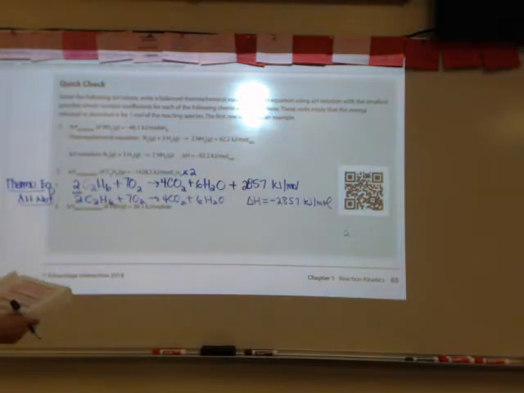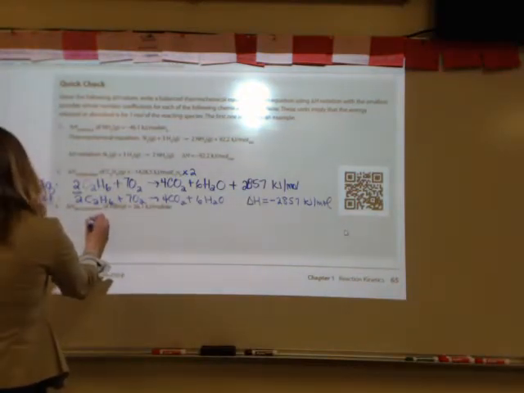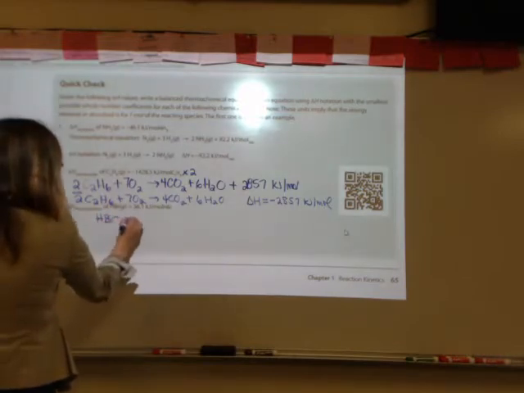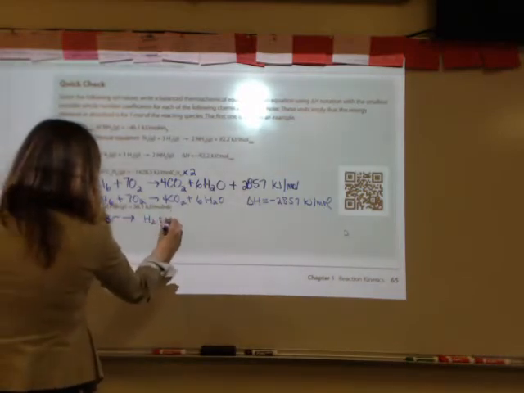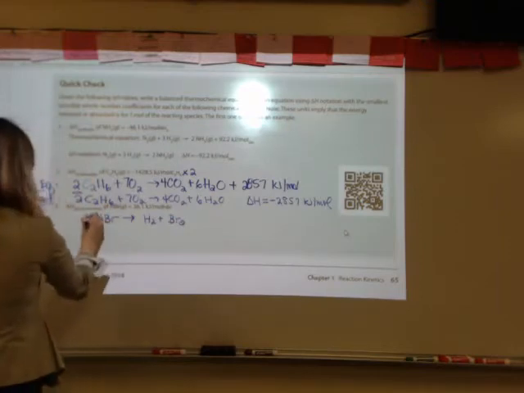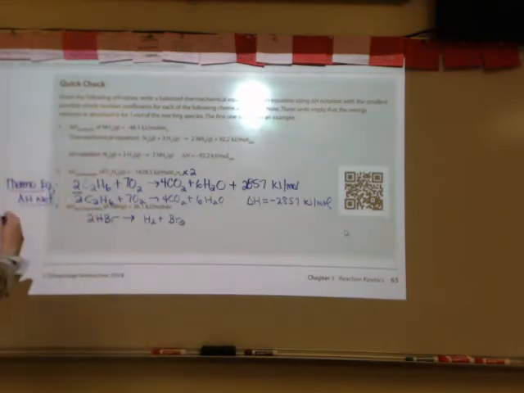Okay? For number 3, we're looking at the decomposition of HBr. That means that you've got HBr decomposing into hydrogen and bromine. Those are both diatomic. You're going to put a 2 in front of HBr. And if I'm writing the thermochemical equation, remember we have to include the delta H value within the equation.